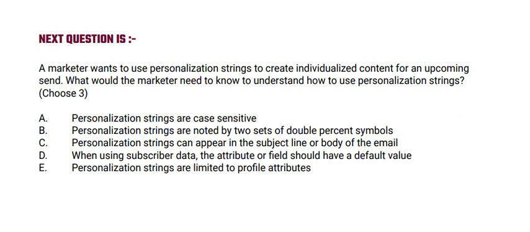Option B, personalization strings are noted by two sets of double percent symbols. Option C, personalization strings can appear in the subject line or body of the email. And option D, when using subscriber data, the attribute or field should have a default value.